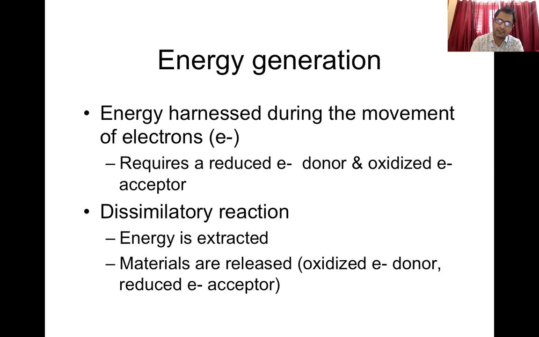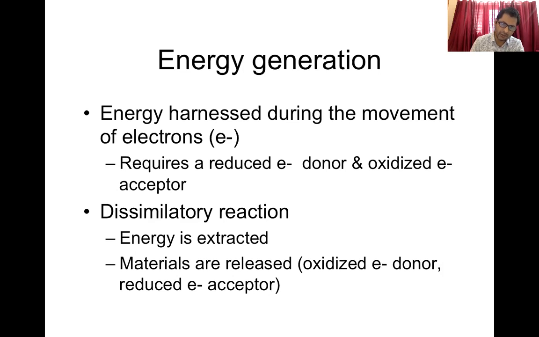And this is a dissimilatory reaction. Why are we calling energy production a dissimilatory reaction? Because nothing is assimilated in the body, right? The only thing which we get is energy. There is no assimilation, like the formation of a nucleic acid or an amino acid or any other living molecule.